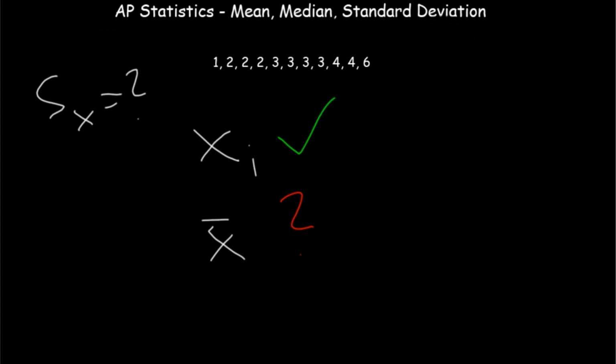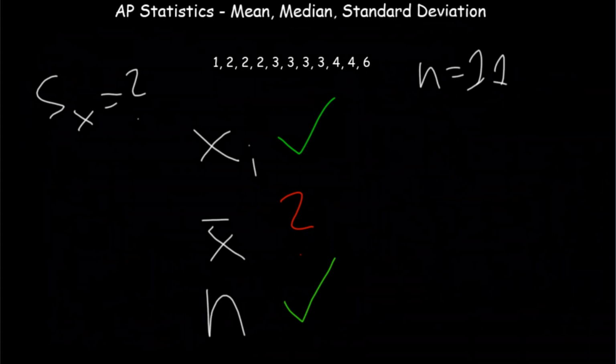And we need n, which we're already given in this data set. In this particular data set, we have 1, 2, 3, 4, 5, 6, 7, 8, 9, 10, 11. So n equals 11. So we just need to find out what the mean is.